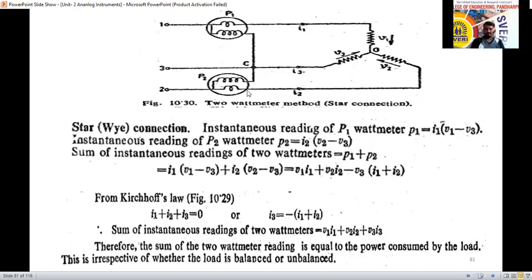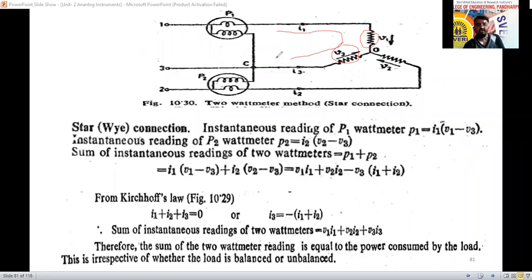From the star connection, the current flowing from 1 to 3 is called I1. The common point is 3. So the voltage drop across phase 1 and the voltage drop across phase 3 give the total voltage, and the current is I1.